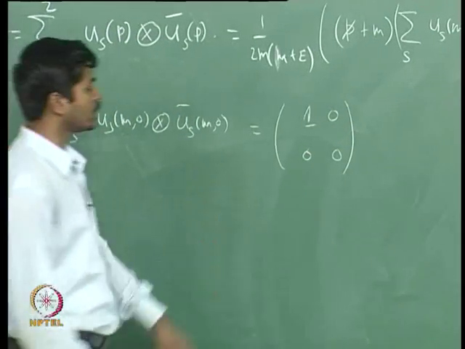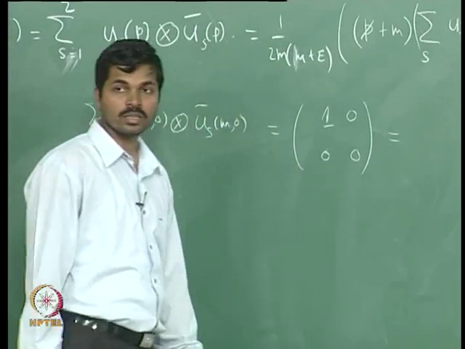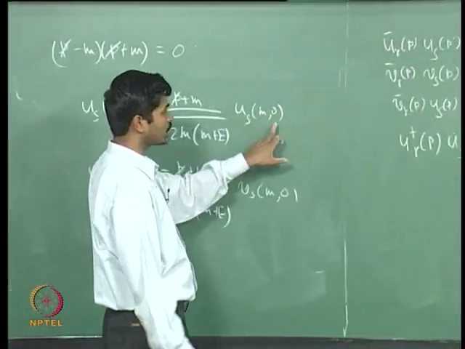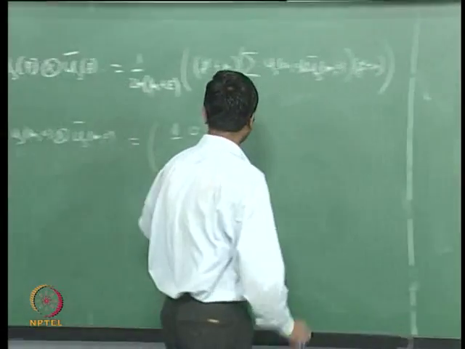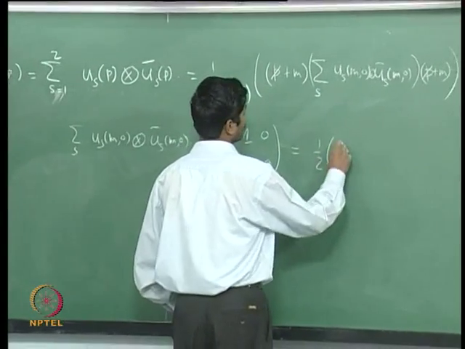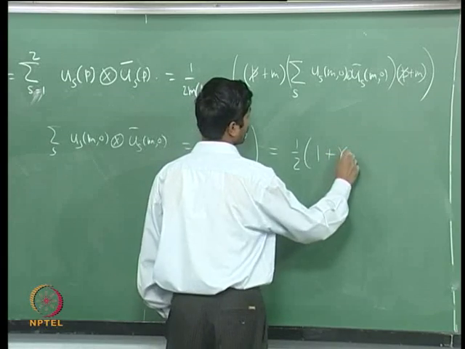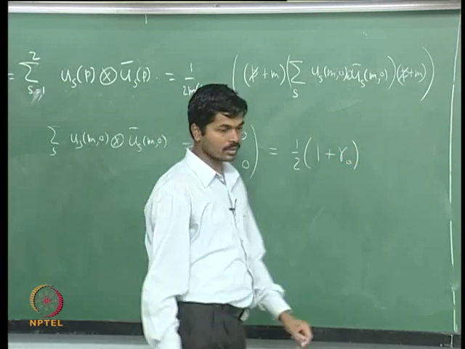So in the representation in which we have solved for u_s(m, 0), this is simply equal to half times (1 plus gamma 0). Okay.